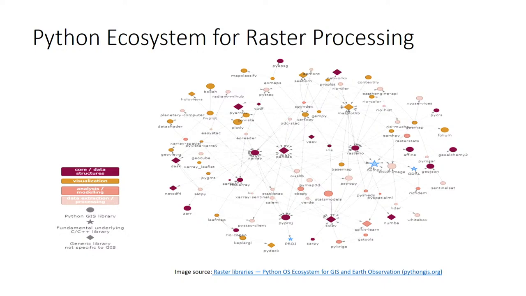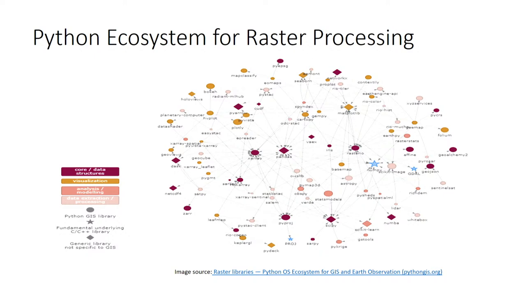Now I will just briefly explain the Python ecosystem for raster processing. If you are interested in processing raster data using Python, there are multiple libraries available. One of the most prevalent and versatile libraries for raster or vector data, actually it can process both types of data, is GDAL, the Geo Data Abstraction Library.